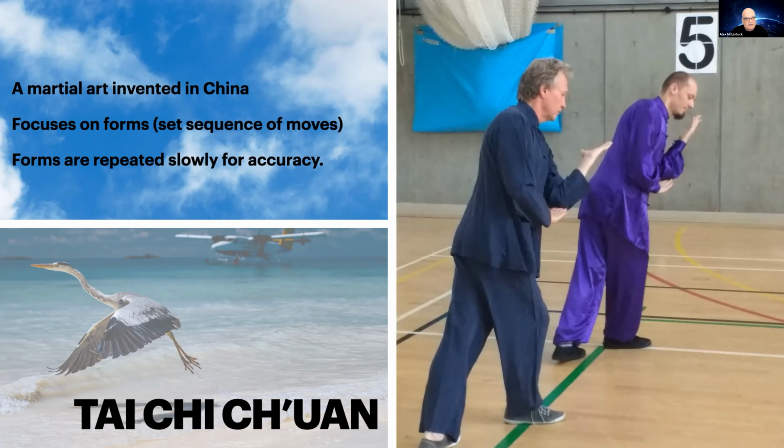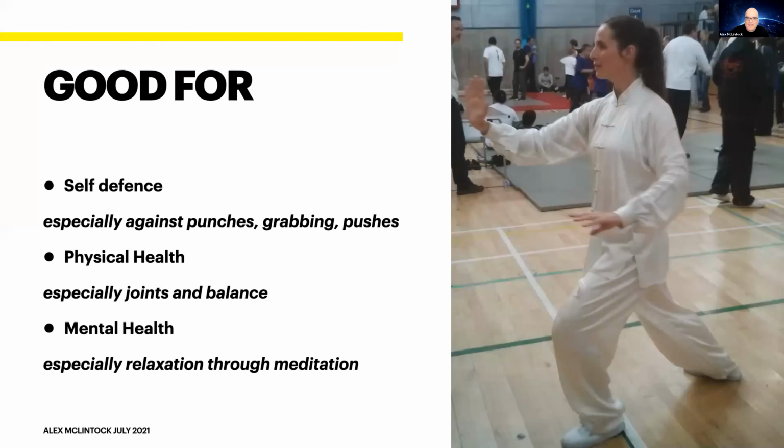Down the bottom left, there is a legendary story about how Tai Chi was invented, where a monk saw a crane fighting a snake, and the crane was making circles with its wings and defeated the snake. Or I think it was a draw. No one won. So Tai Chi is very good for self-defense.